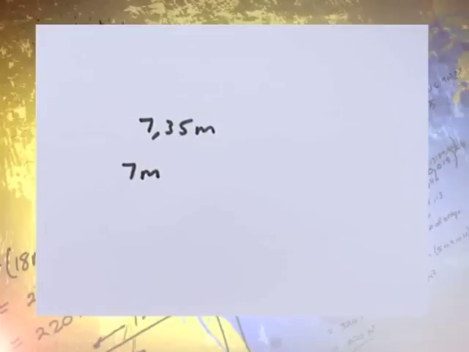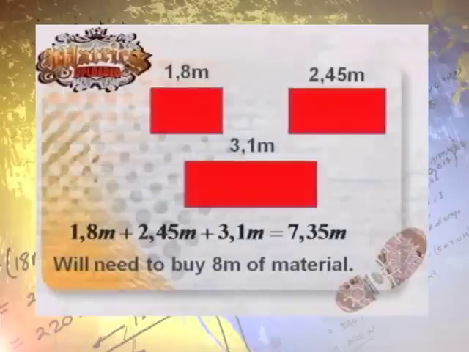So we're actually going to buy 8 meters of material. We're going to go a little bit more, which is very, very important. So she buys 8 meters. When she lays out the material, she's going to have a little bit more, so she'll cut it off. Remember, the material is only sold in meters. So watch out: rounding up and down is very different to rounding off as normal.